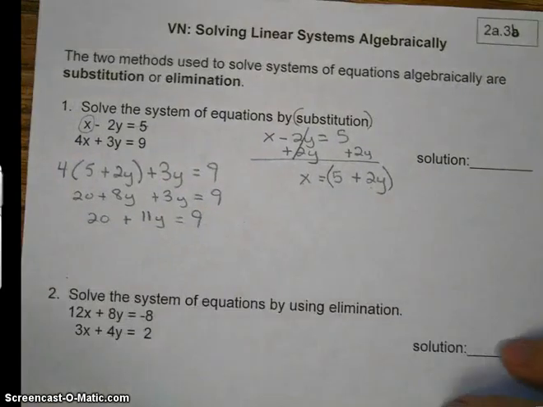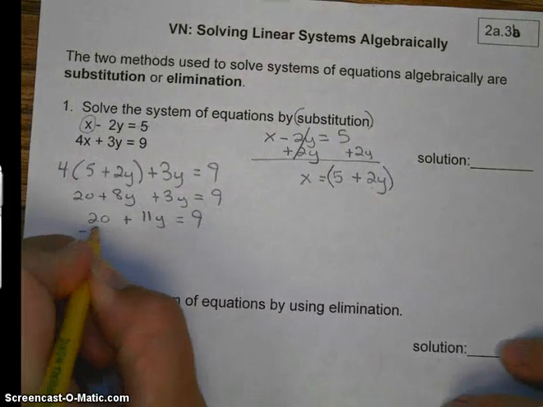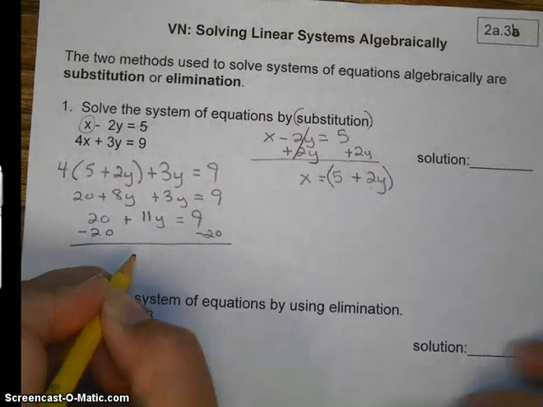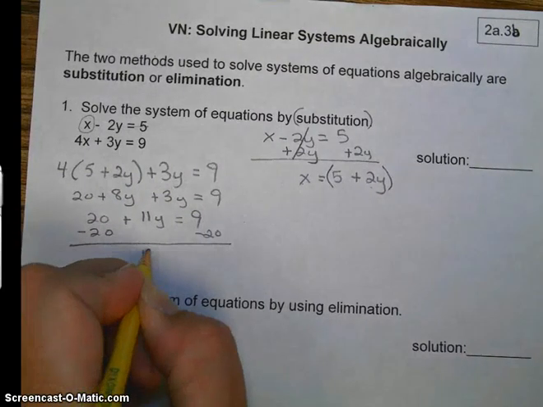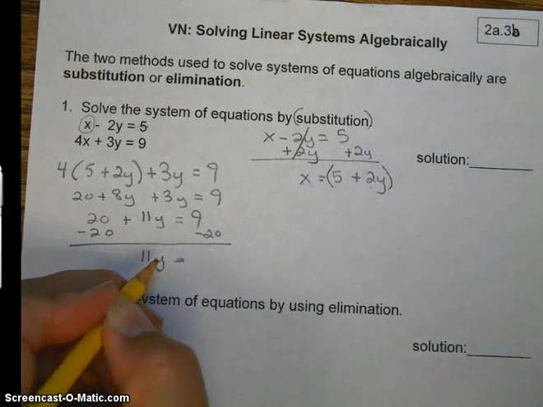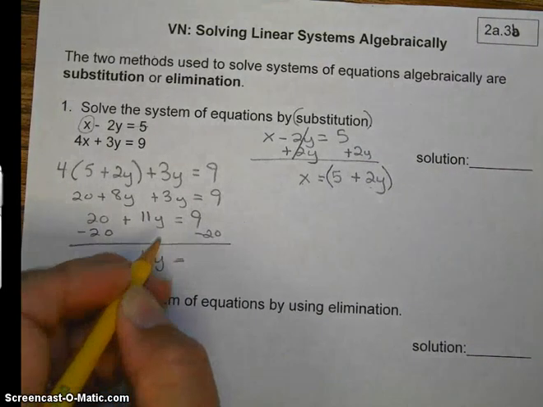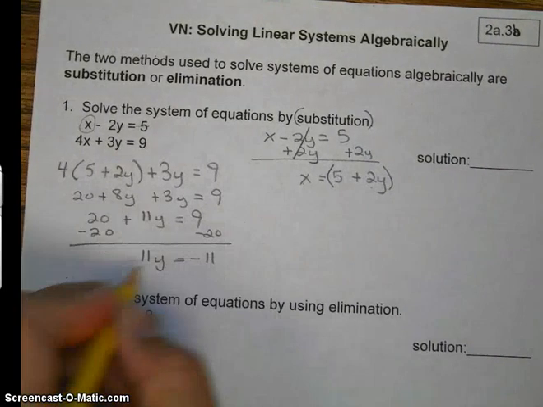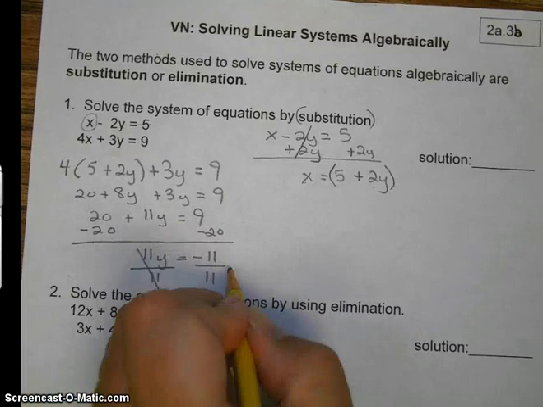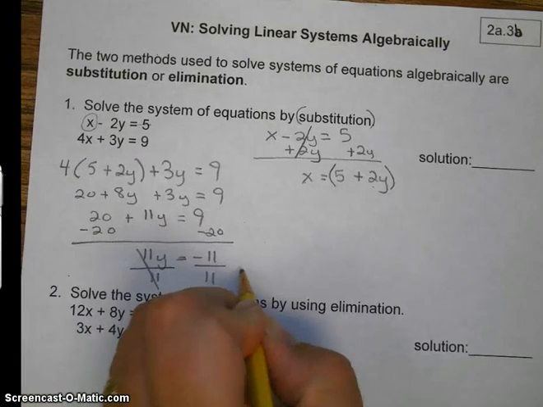So quick review: undo adding and subtracting first, then undo multiplying with division. So we know that our y coordinate is -1.